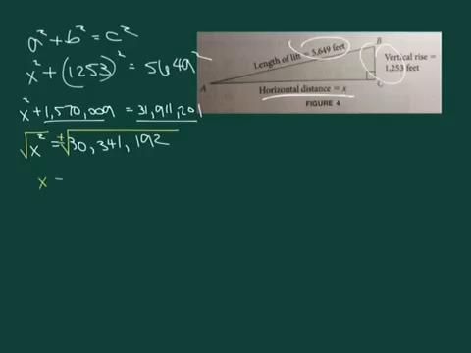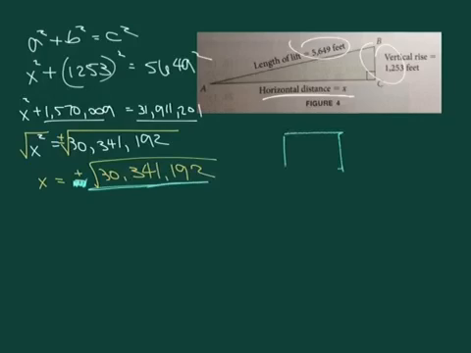So x equals plus or minus the square root of that. And remember, length can never be negative, so we get rid of that. And we take our handy-dandy calculator, and we plug this in, and click the square root button. Looks like that. And we get a number, and notice my little equal sign changed to a loop-de-loop.